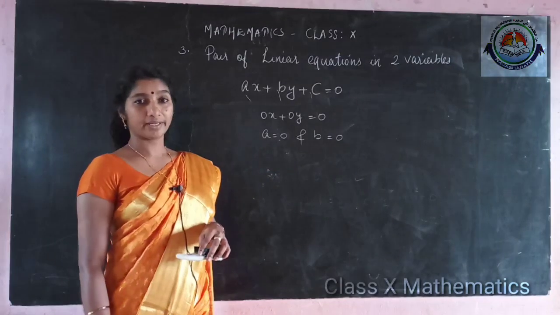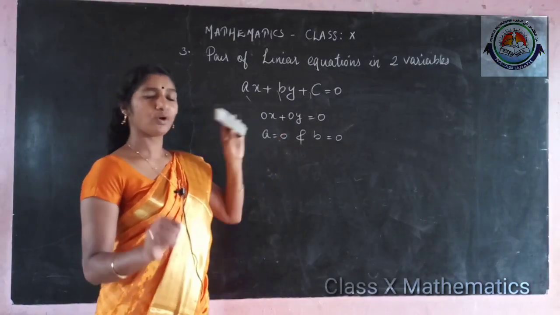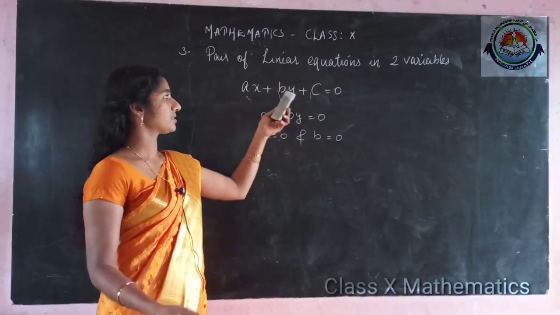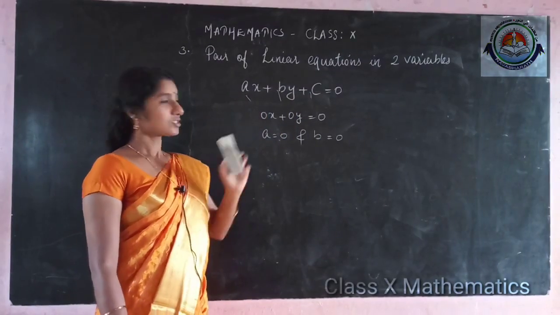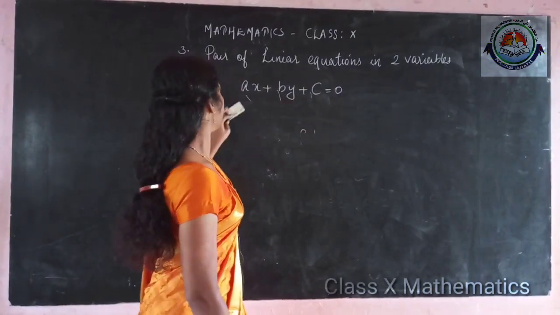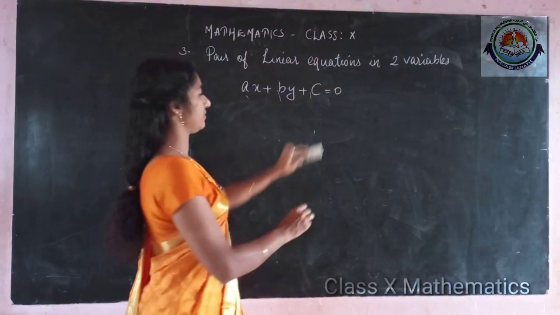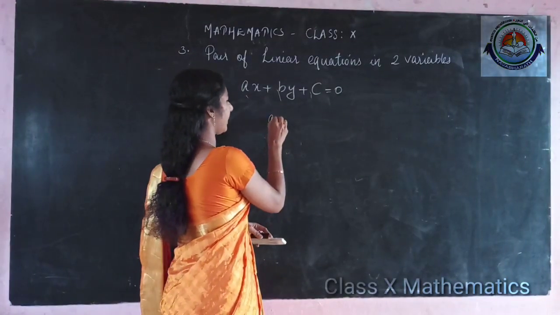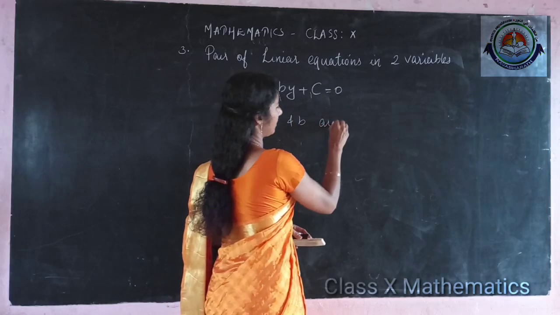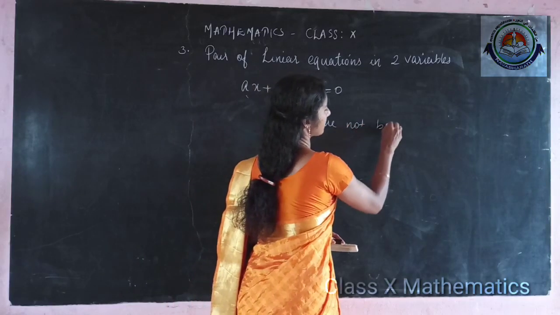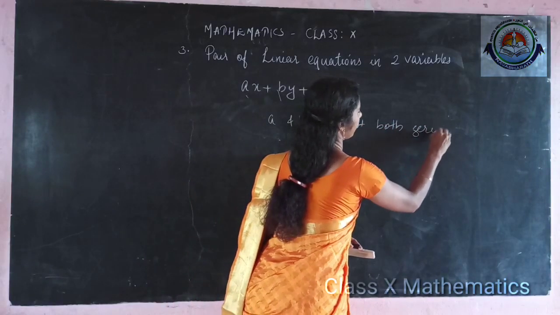So this will not be a linear equation because no x term is there, no variable in it, because the variable parts' coefficients are 0. So whenever we are discussing the general form of a linear equation, we should say a and b are not both 0. Together they can't be 0.